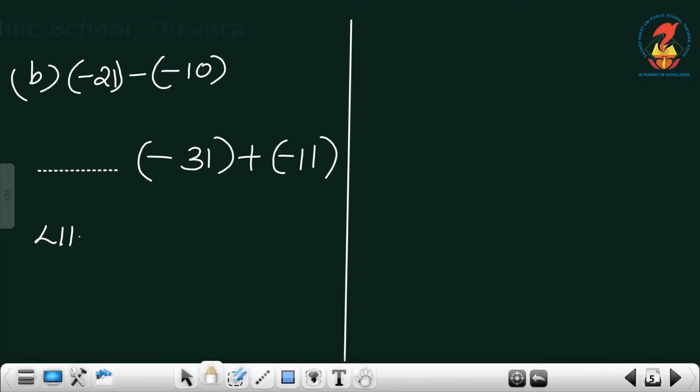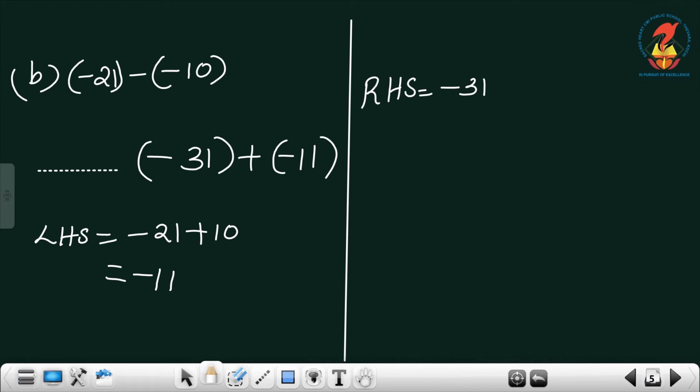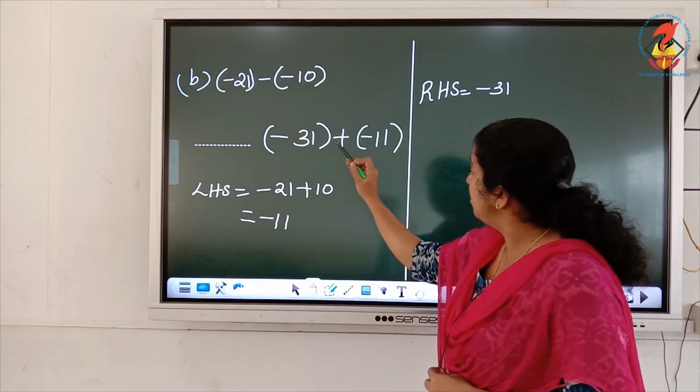Next, LHS equal to -21 plus 10. So, two numbers of different sign. Take the difference. What is the difference between these two? -11. And what about RHS? -31 and plus and minus comes together.